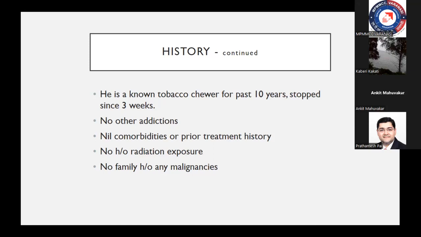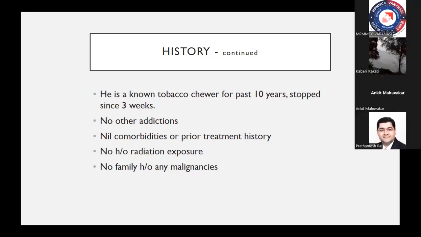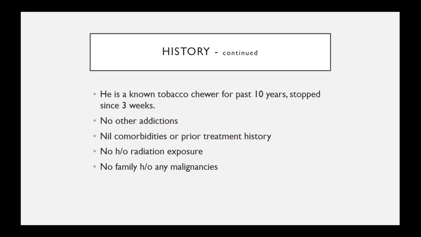And certain conditions like burn scars and chronic sclerosing lupus erythematosus. Though literature does mention chronic otitis media or cholesteatoma as a cause, there's no significant supporting evidence for the same. Okay. Any idea about an immunocompromised state giving rise to it?